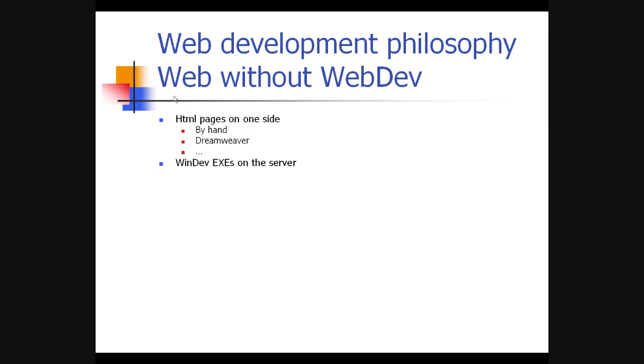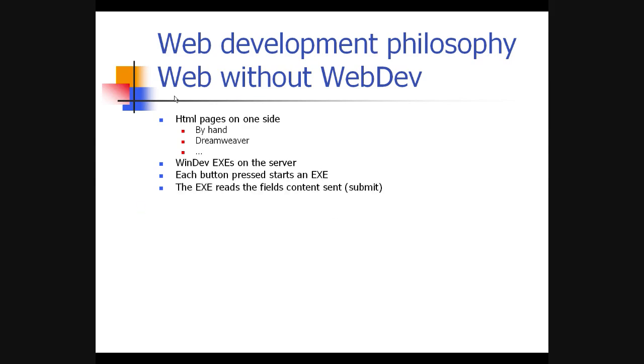So how would that work? Well, in the HTML page, you would have links, buttons, things like that that would start an interaction with the server. Well, in fact, that would be a link, a URL, to the corresponding WebDev executable on the server.